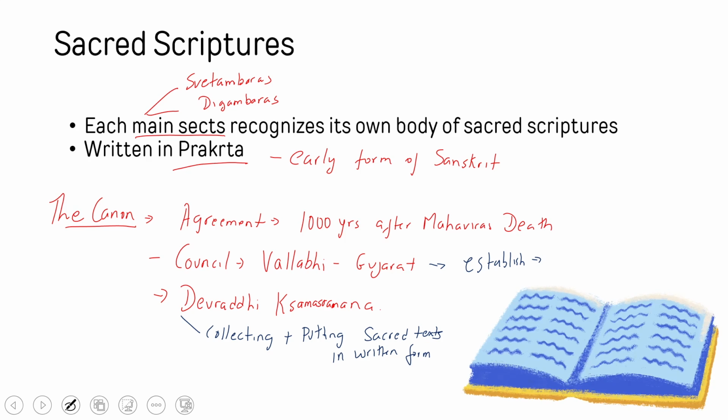As a result there were also a lot of social, political and religious changes going on. And when there are such changes, you also need to adapt, you need to get in line with the current trend. So this council was very important.